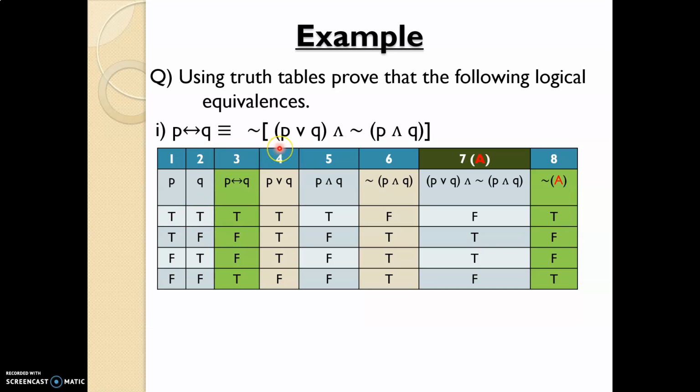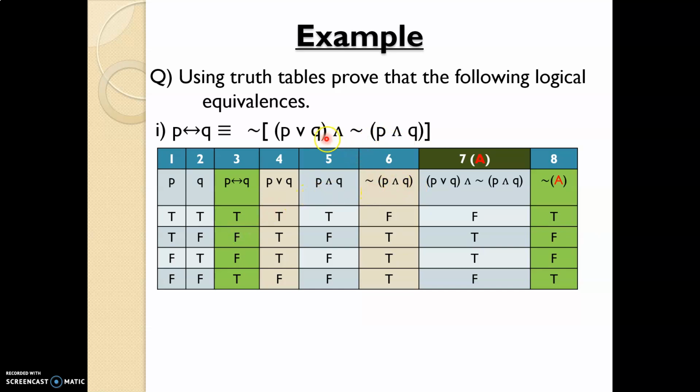Then in the right hand side, the first one is lengthy, so we have to start inside the square bracket. The first is P or Q, and the second statement pattern is negation of P and Q, but you have to find P and Q first, then apply negation.